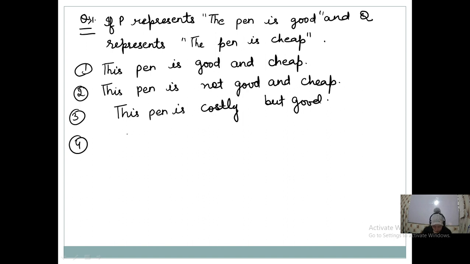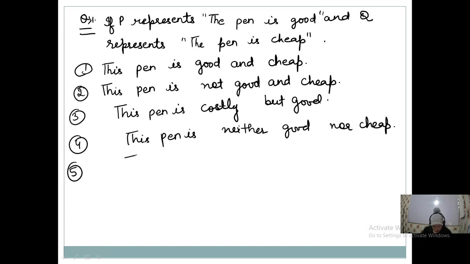Fourth, this pen is neither good nor cheap. And fifth, this pen is either good or cheap.